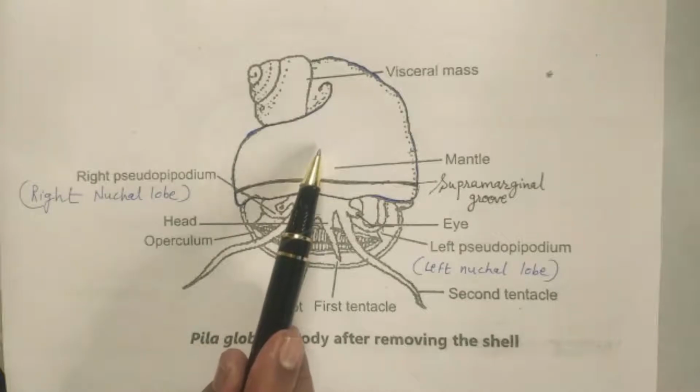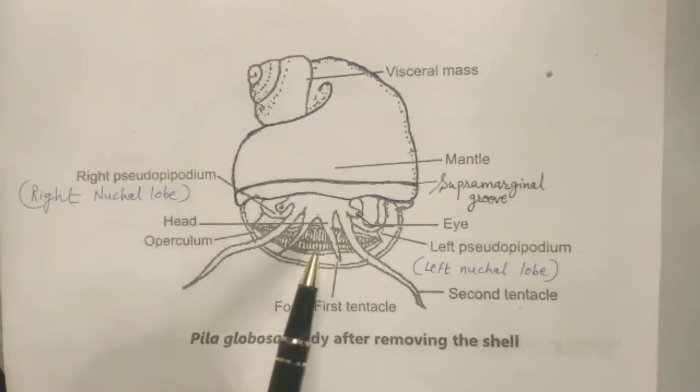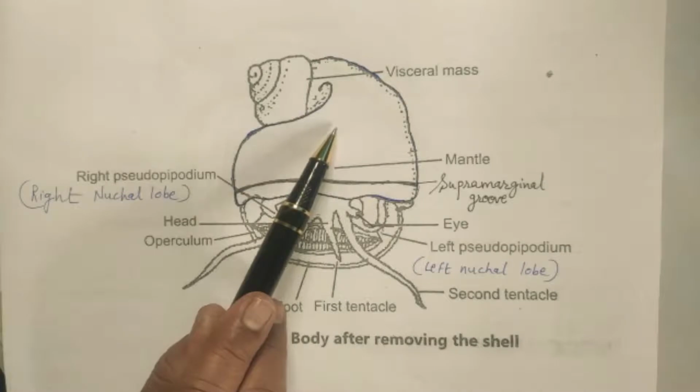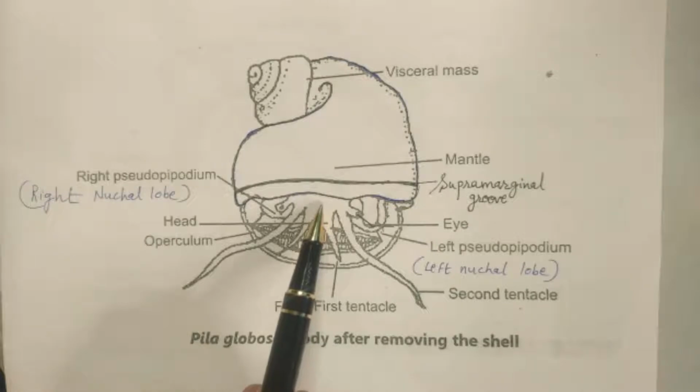Means this visceral part is situated at the dorsal side, the head at the anterior side, and the foot at the ventral side. Got it? But this head part is situated at the anterior-most part.